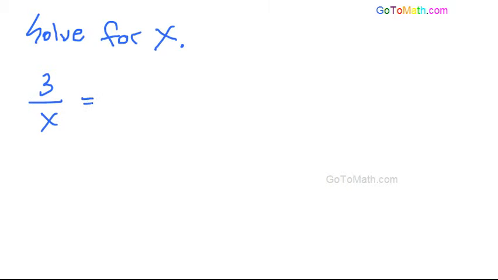Alright. So we want to solve for x. We have 3 over x is equal to 6 over 3. Now this will reduce down. You see that? We have 3 over x is equal to, 3 goes into 6 2 times.